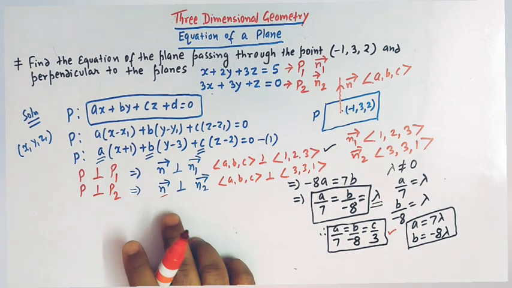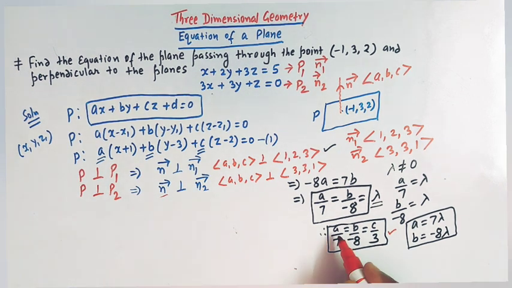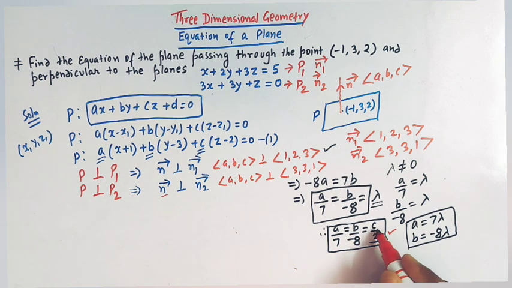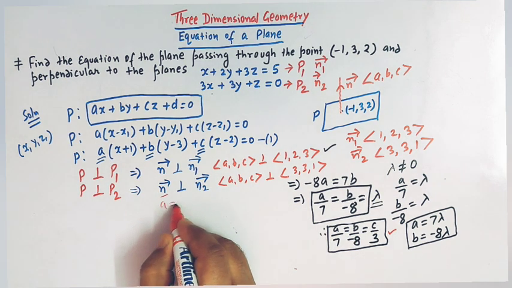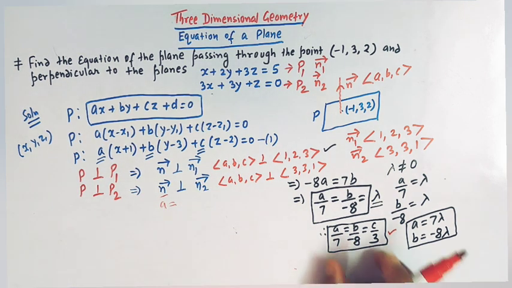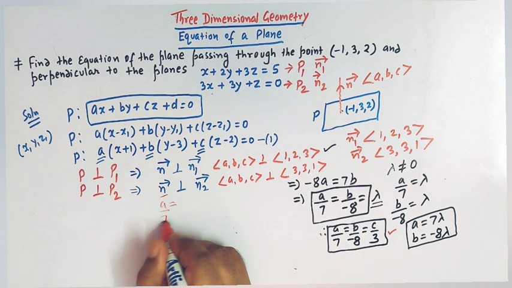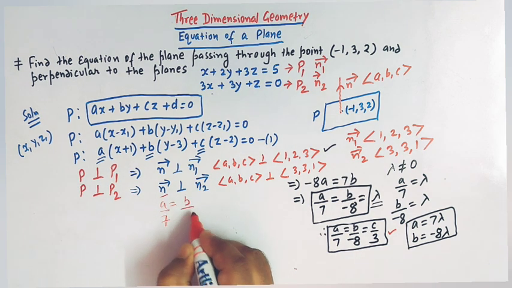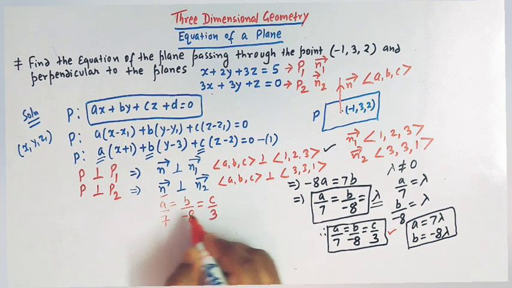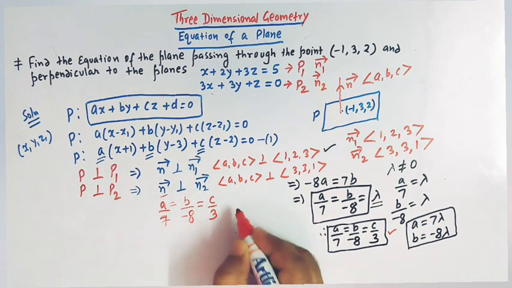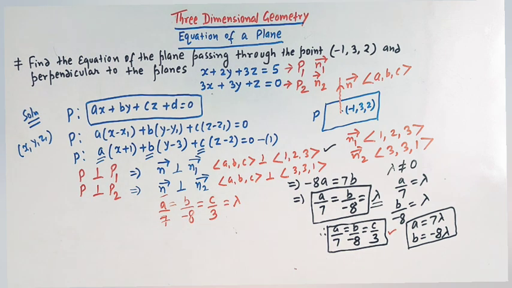Now here I would like to mention one important thing. Here we have taken A is equal to 7, B is equal to minus 8 and C is equal to 3, right? So we can also do another thing, that is, if we write this equation as A over 7 is equal to B over minus 8 is equal to C over 3 is equal to lambda, right?